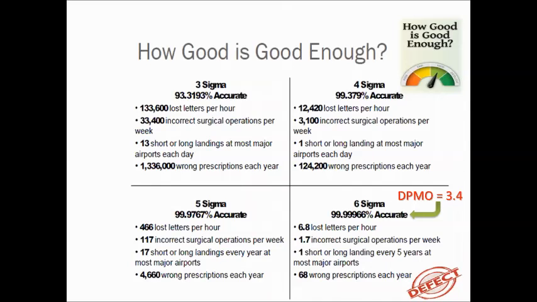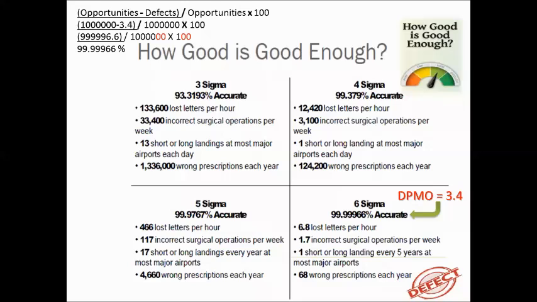In aeroplanes, 6 sigma has to be applied, where the defects per million opportunities is only 3.4. It means that the accuracy of the landing of the aeroplane is 99.99966%. How could it be calculated like this?